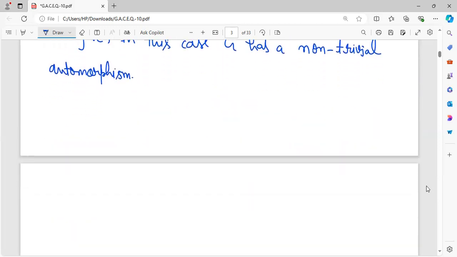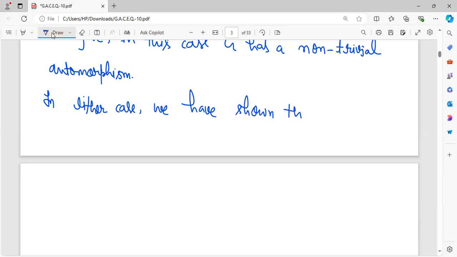In either case, we have shown that G has a non-trivial automorphism.